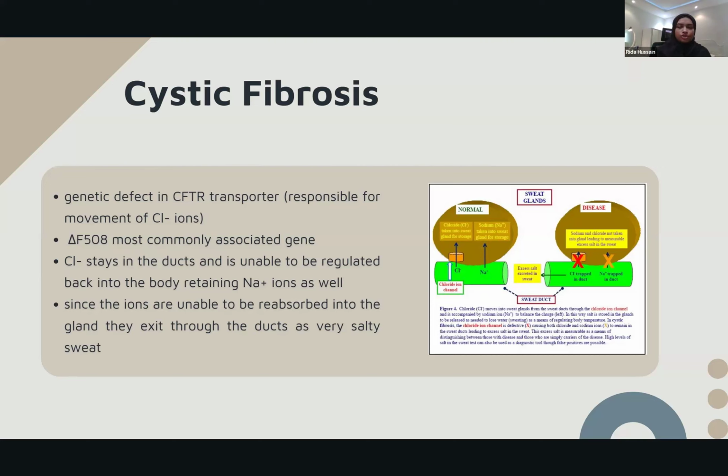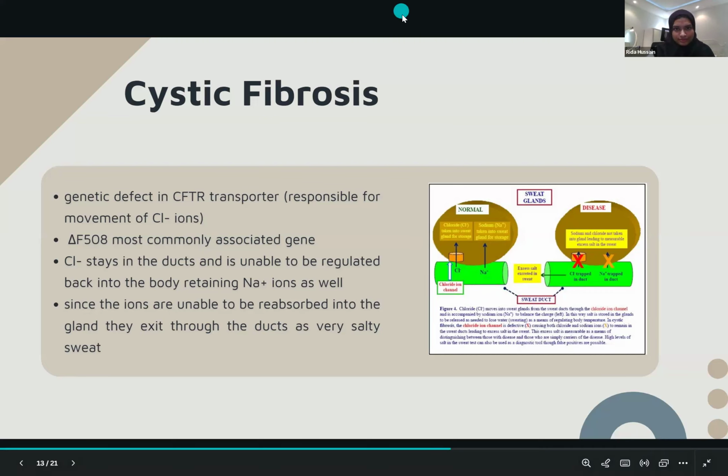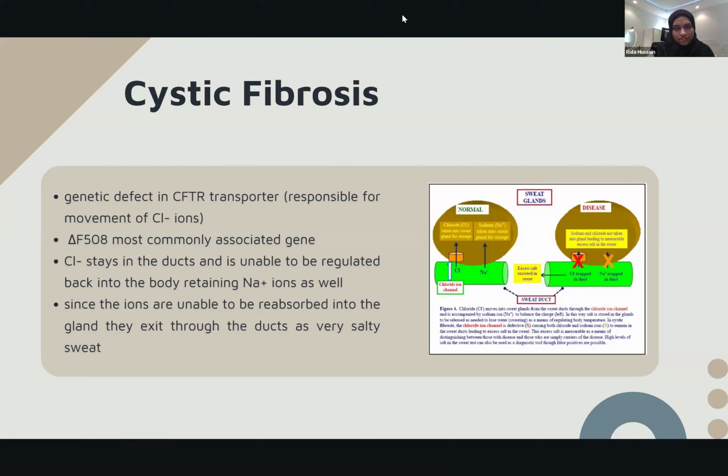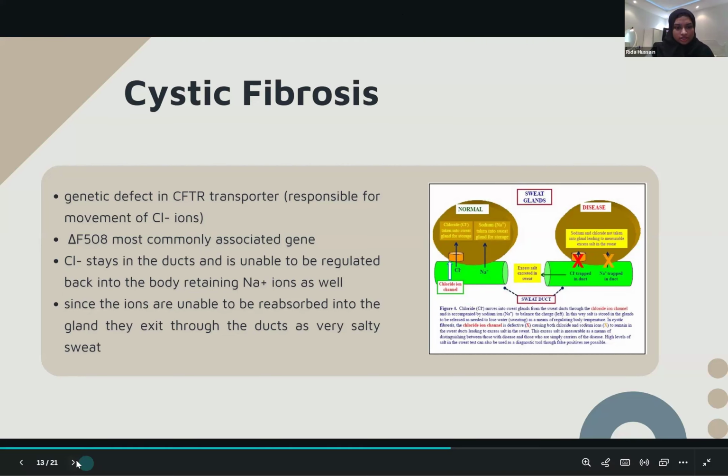It causes the sweat to be very salty. Chloride is not regulated to go back inside the body. It causes the retention of sodium as well, and the only way to regulate it is by sweating. So that's why the sweat released is really salty. Does that make sense? Any questions? Okay, I'll be moving on. Thank you guys.